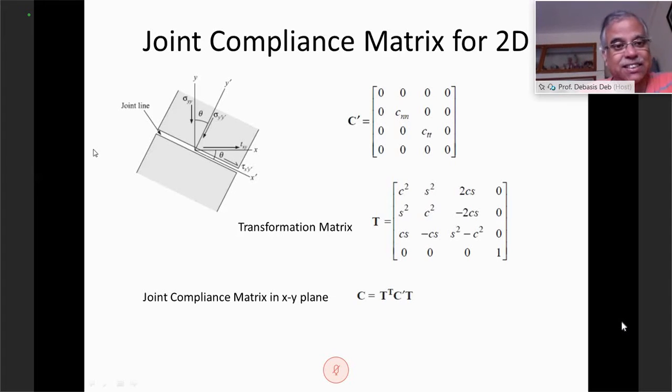Accordingly, you will take the value of theta, whether negative or positive. This will decide which direction you are rotating. If it is counterclockwise, you will take a positive value.